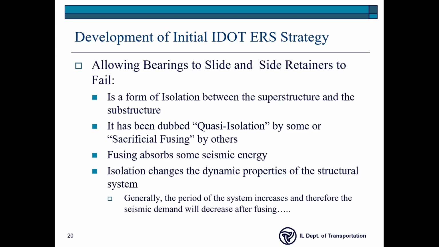It's not full isolation, but we call it semi or quasi isolation. We also call it sacrificial fusing. We didn't even care if the bearings broke or not during a big earthquake. If the bearings broke, and that was all that broke on the bridge, and nothing happened to the piers and nothing happened to the deck, we'd be very happy with that, because it's much less expensive to just replace the bearings than it is to replace columns and piers or superstructures, which would be the deck.